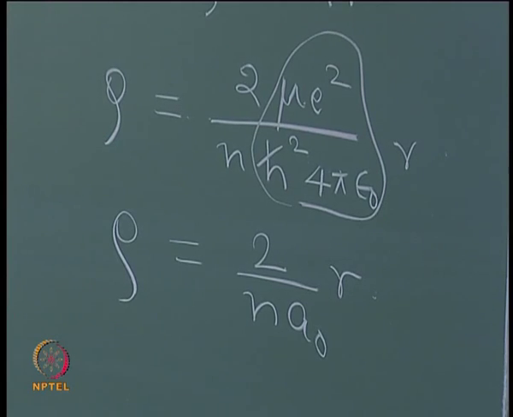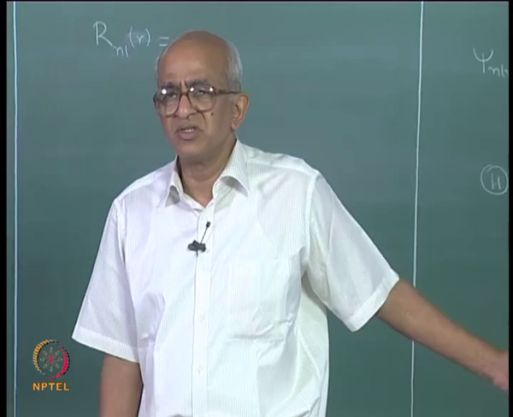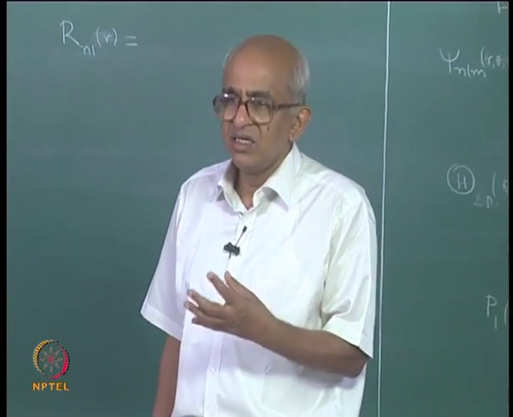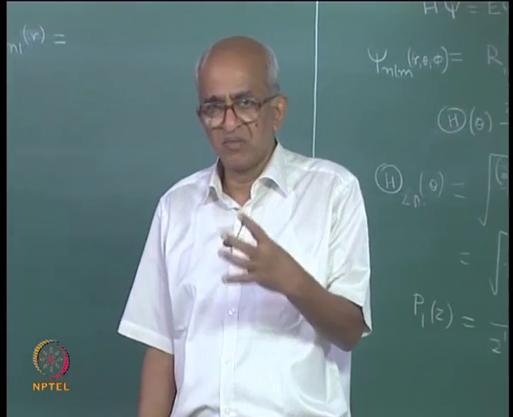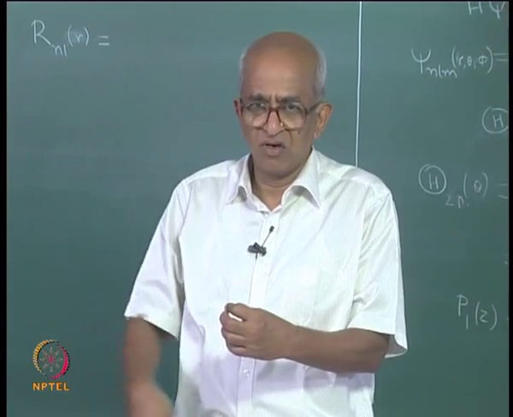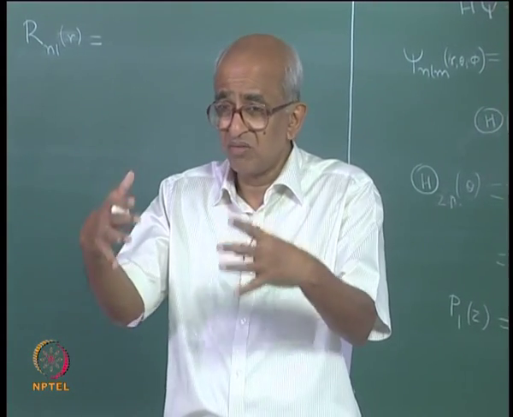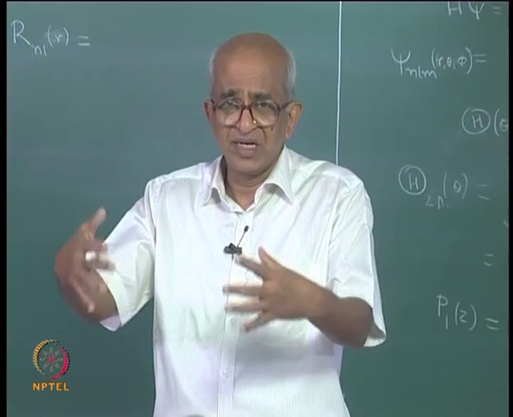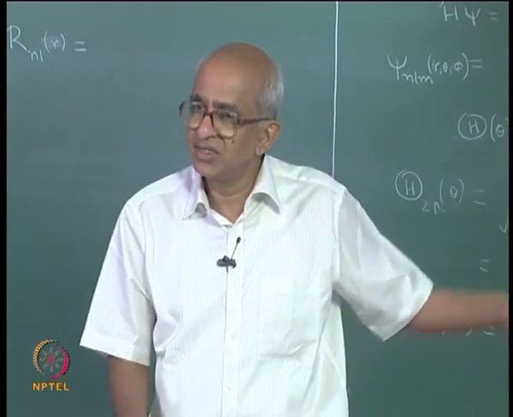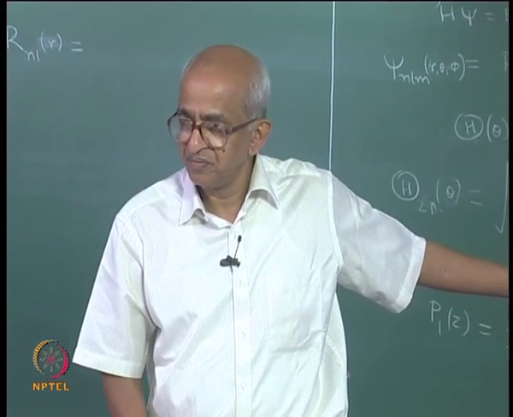Now, you may ask, why did I introduce this a0? The reason is that a0 is something that is very physical. Remember the Bohr theory. In the Bohr theory, you are saying that the electron follows a circular orbit, and there is this first Bohr orbit with the quantum number n equal to 1, and that has a specific radius. If you remember, that radius is nothing but this a0.